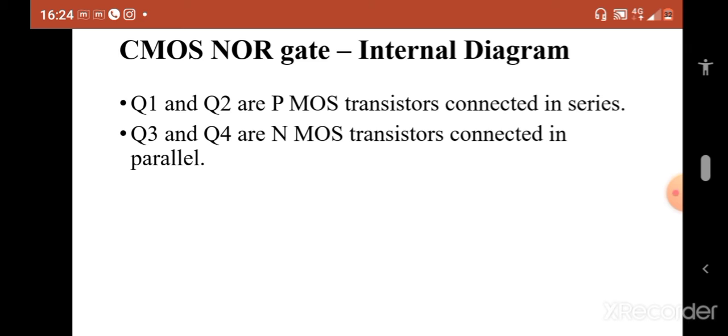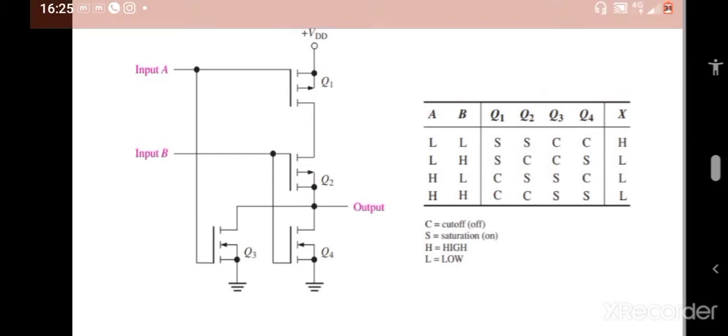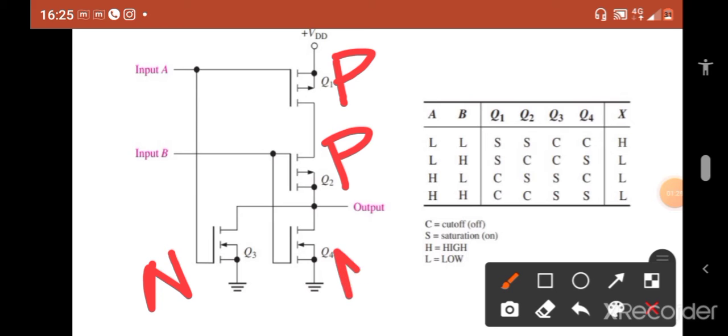PMOS is the P-type metal oxide semiconductor, and NMOS is the N-type metal oxide semiconductor transistor. So Q1 and Q2 are P-type, Q3 and Q4 are N-type.